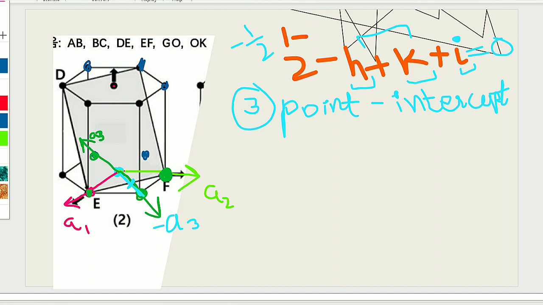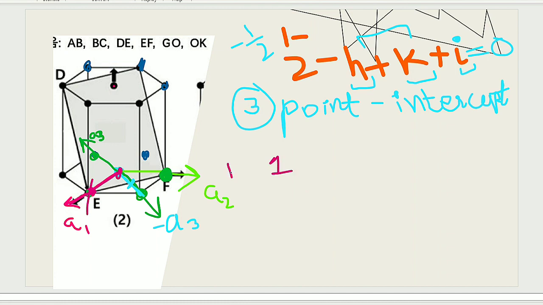Now you can see this is the origin, okay, and this line is the a1 axis. This little dot is actually the point where the plane is intersecting the a1 axis, and it is at the corner of the unit cell, so it will be taken as +1.